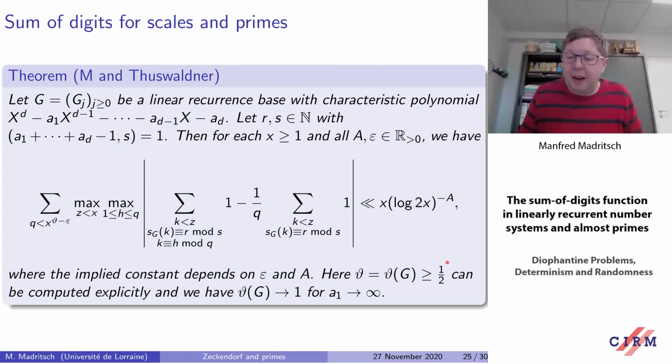And since the level is above 1/2, we also get the same result with the almost 2 primes as Fourier and Madritsch did. And in the last minutes, I want to take a look at our proofs and the obstacles we had.